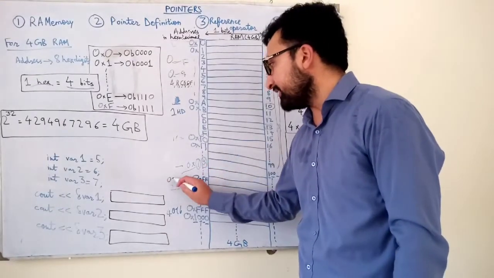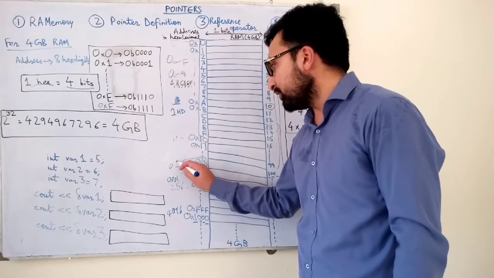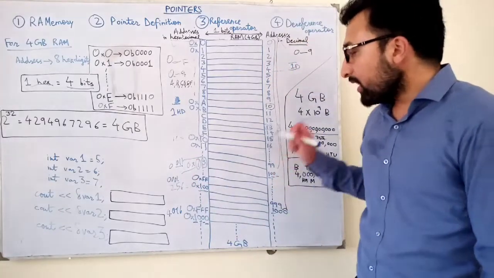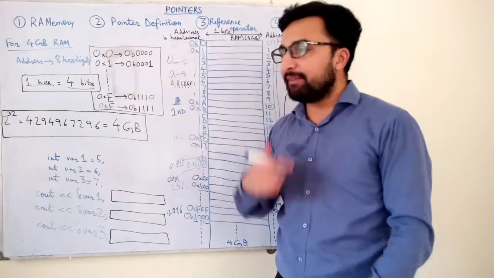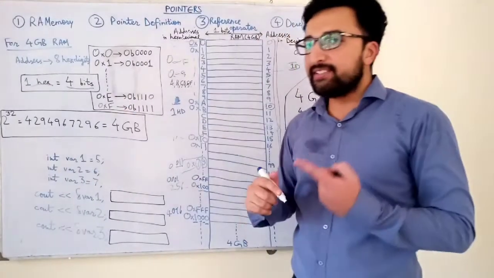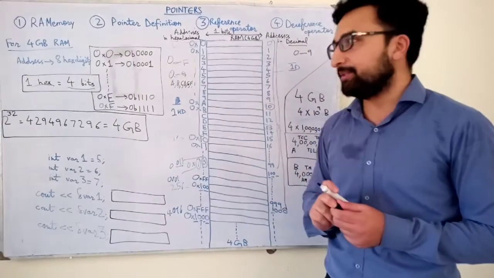This can be represented as 0001 and 3 can be represented as 0011. So every hexadecimal digit can be represented at the back end in terms of 4 bits. So that is another reason why we express our addresses in hexadecimal number system.